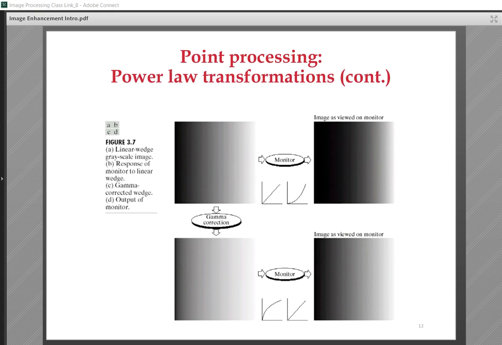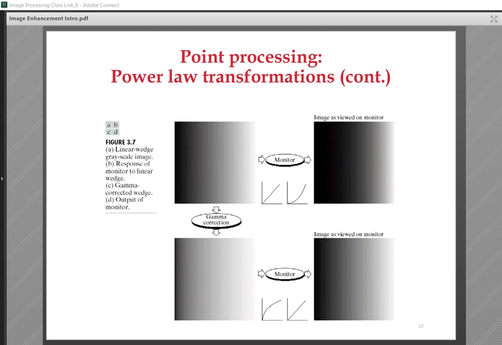That means when gamma is increased, R is very important. Large R's tend to large S's, and small R's tend to small S's. Go to the next slide.